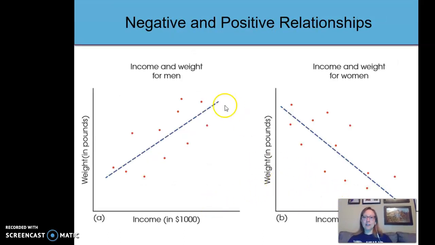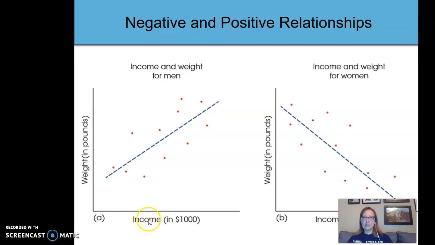We can tell the direction of the correlation by looking at the scatterplot. If we imagine a line that goes through the middle that shows us the correlation value, or the average amount of relationship between those two things for people, we can see how everybody's dots cluster around that line to figure out if it's a positive thing.